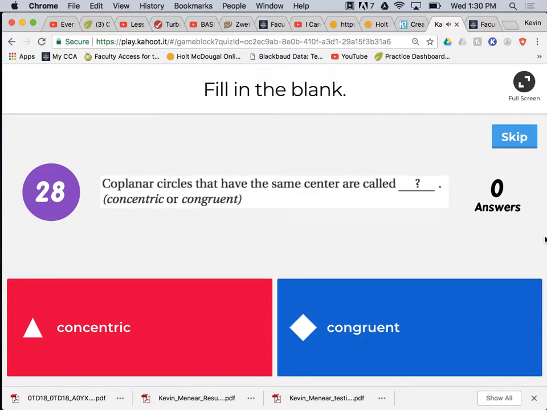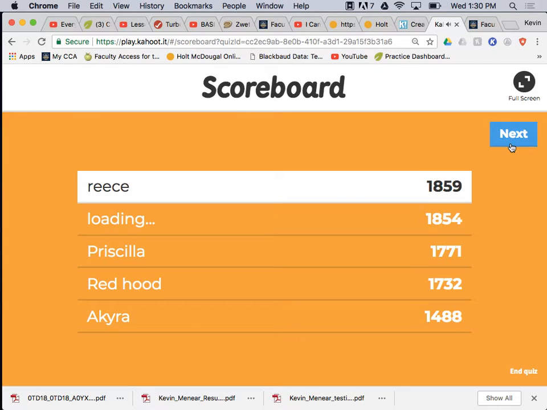Coplanar circles that have the same center are called concentric or congruent. Same center. Concentric has the same center. It's concentric.